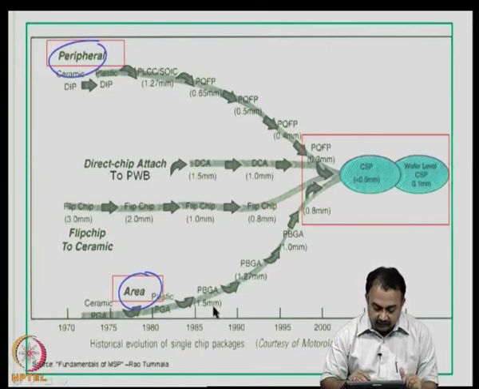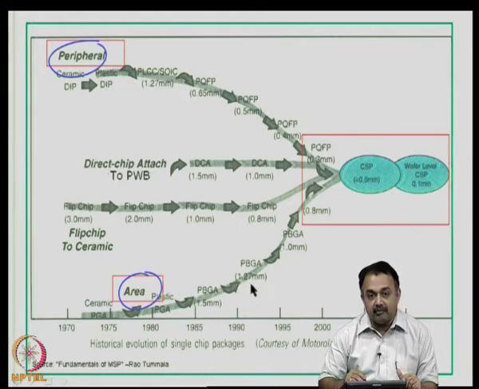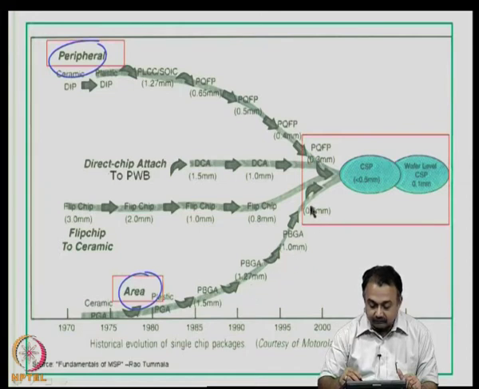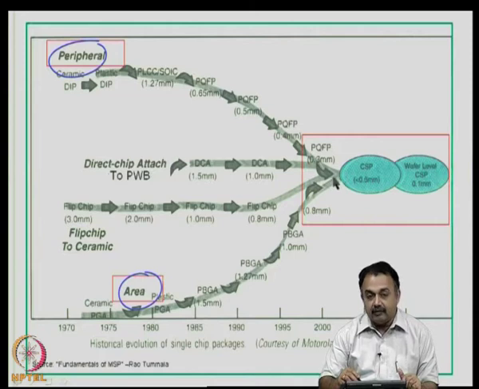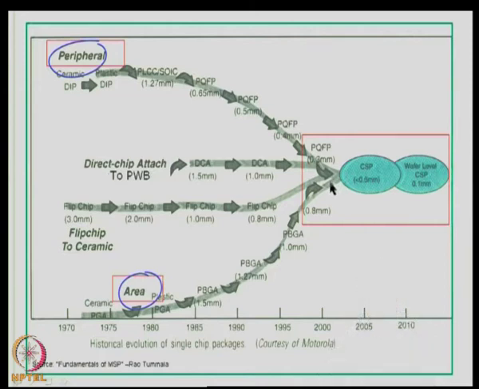So, in BGA, for example, initially during 80 to 90 we have worked with 1.5 mm pitch ball grid arrays. Then 1.27 mm became a good standard plastic ball grid array, 1 mm, 0.8 mm, and today we are working at 0.65 ball grid arrays. And then what next? Then if you look at the other extremities, direct chip attached to printed wiring board.